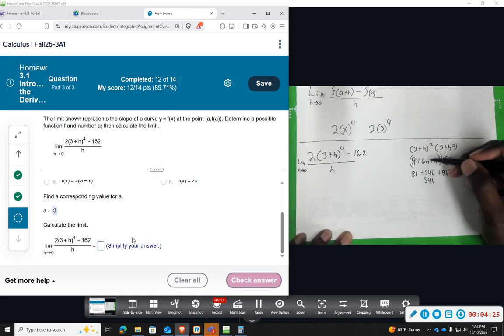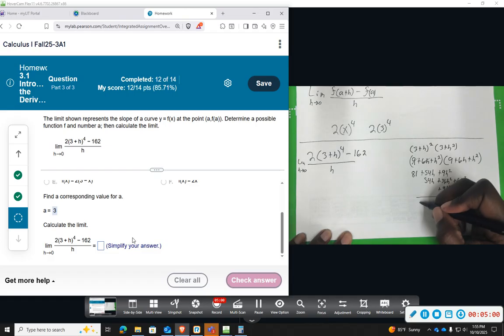And then 6h times 6h, 36h squared. 6h times h squared, 6h to the 3rd. Okay, that one's done. And now we're going to do h squared times everything. So h squared times 9, 9h squared, times 6h will give us another 6h to the 3rd, and then h squared times h squared will give me h to the 4th.